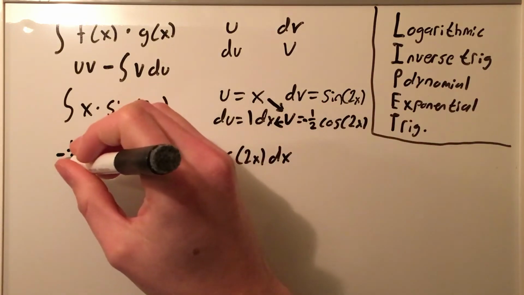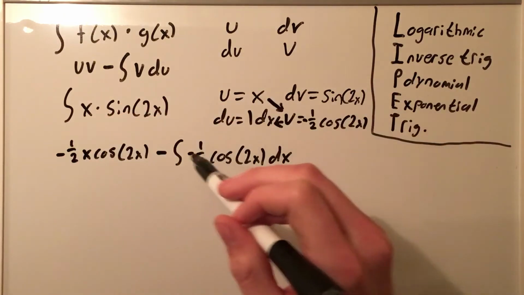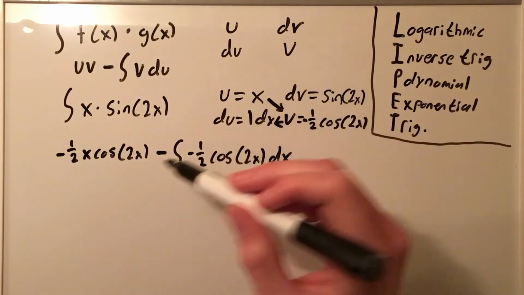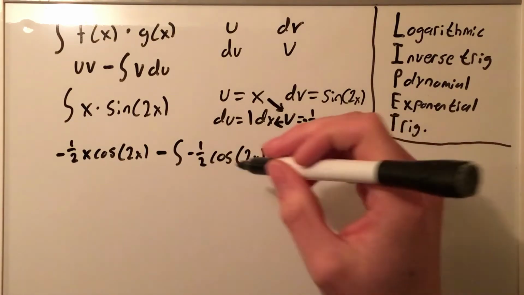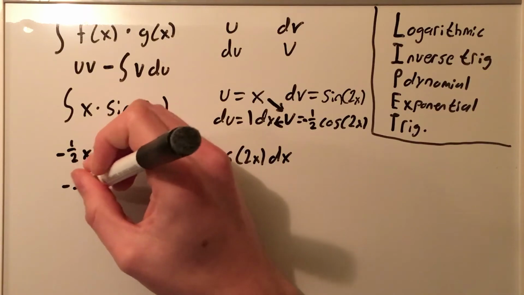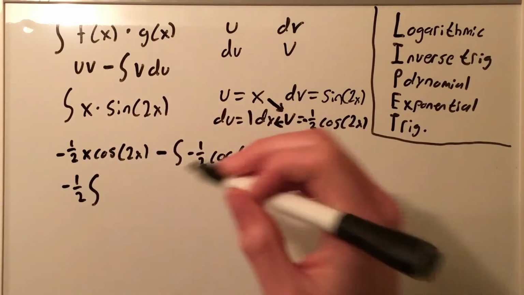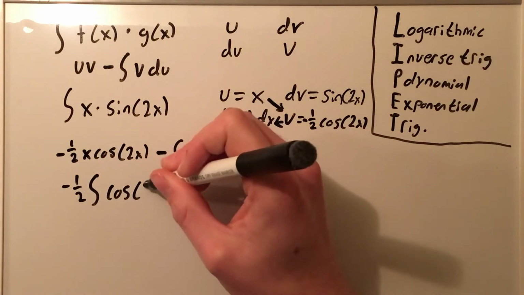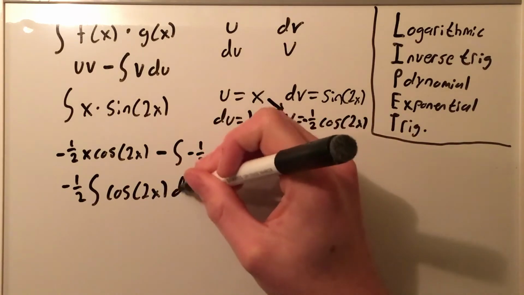Alright, so now this first part is set. Now we're just going to solve this integral and then add it back to this. To do this integral, we take out the negative 1/2 and make it negative 1/2 times the integral of cosine of 2x dx.